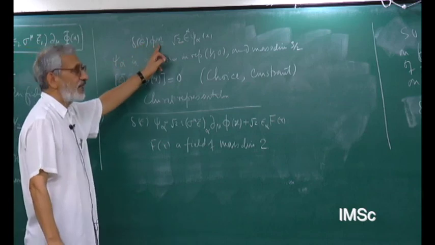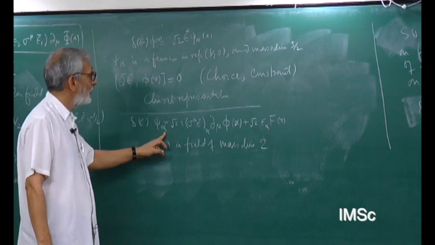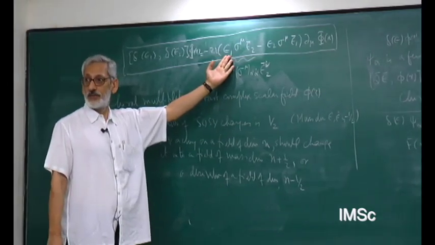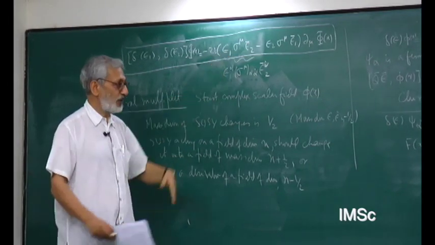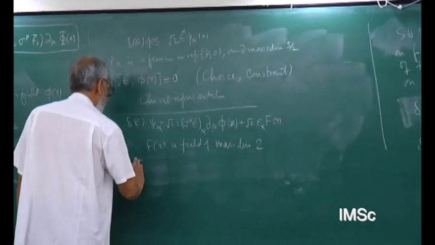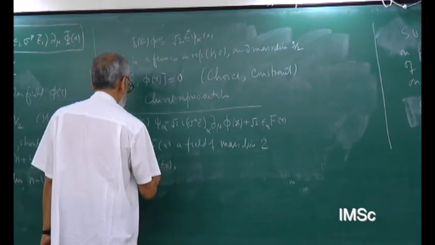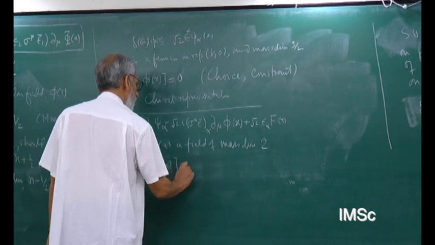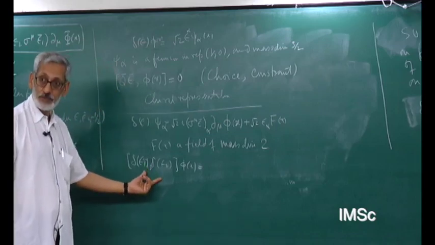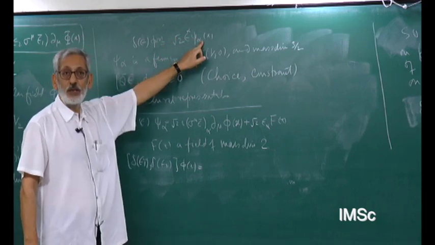Now we have given the transformation properties of phi and of psi. These transformation properties have to have this property, because that's what the algebra is. Which means if I evaluate the commutator of delta epsilon 1 and delta epsilon 2 on phi of x, I should be able to evaluate that, because I know how this transforms. The first transformation and second transformation on psi I have prescribed.